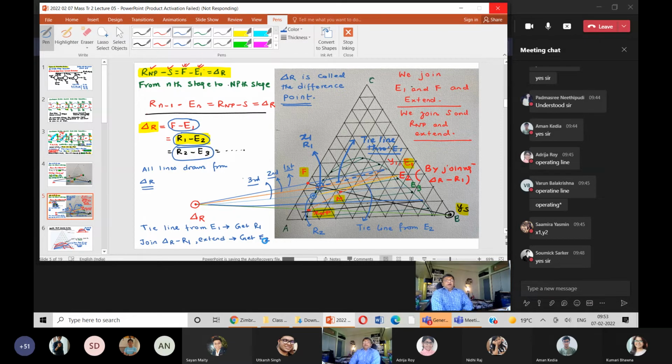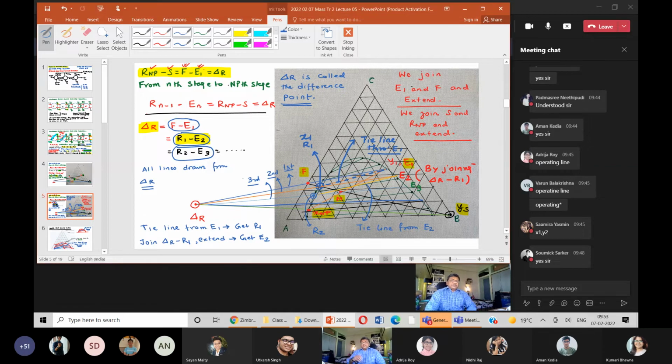So even if we understand this fully, the construction becomes really clumsy. The stages are each of the tie lines as usual, but you have too many lines.